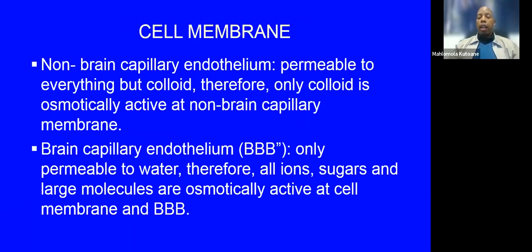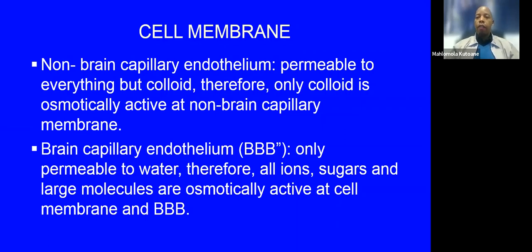So this fluid that we have been talking about, its main mechanism of transportation through these compartments is through the cell membrane, which has two types. The first is the non-brain capillary endothelium, which is permeable to everything but colloid.